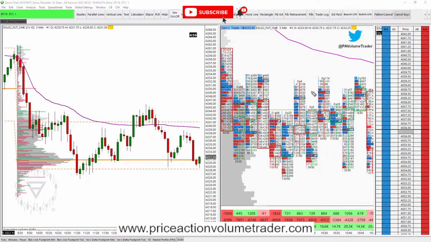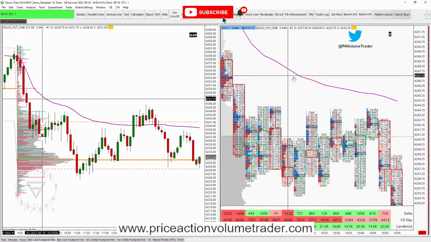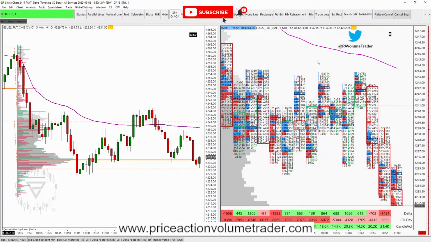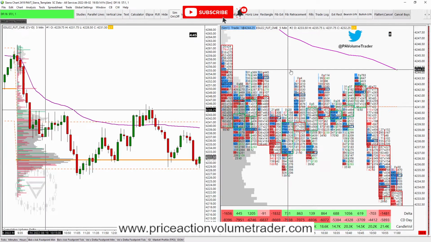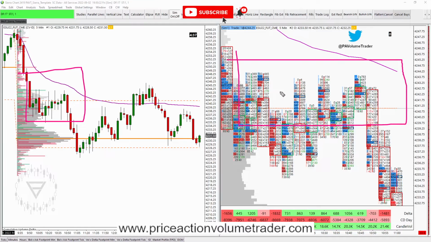And also on the footprint, we're going to identify how you can see that players are getting absorbed at this level. So over here, this whole area here is this area right here. And what can we see right here at this level?